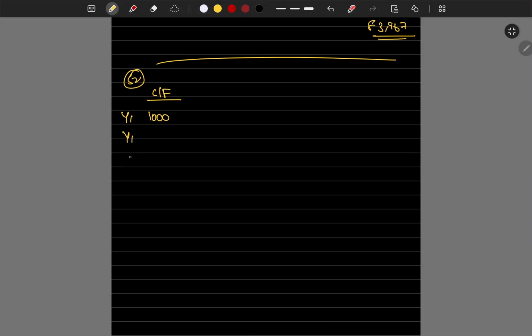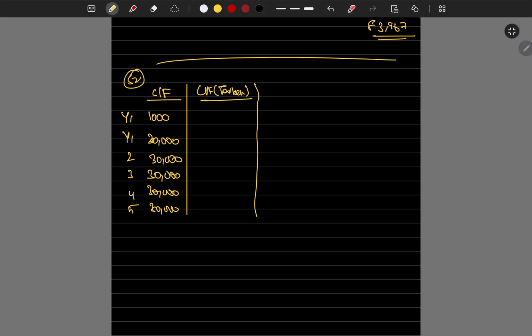Then we will be paying 30,000 standard for years 1 2 3 4 5. Here the cash inflow is the tax benefit. For all this amount, we'll be getting the tax benefit.